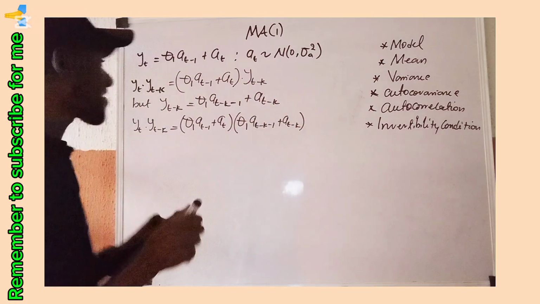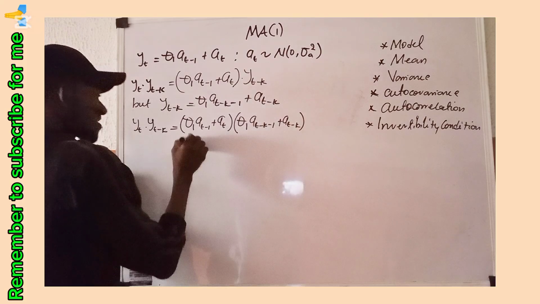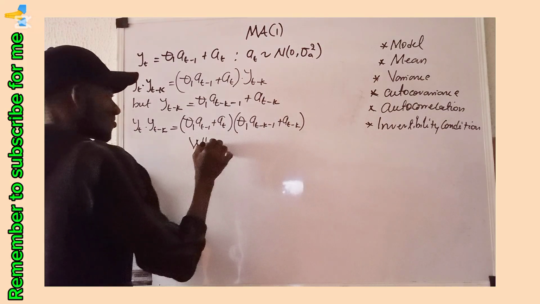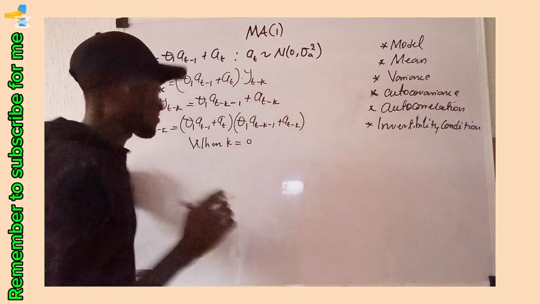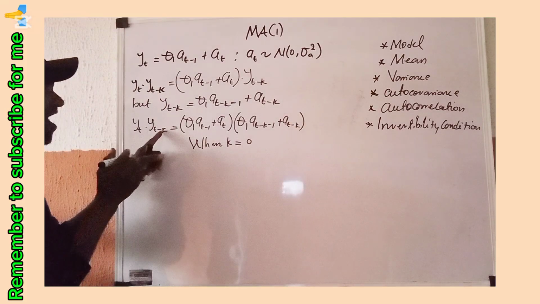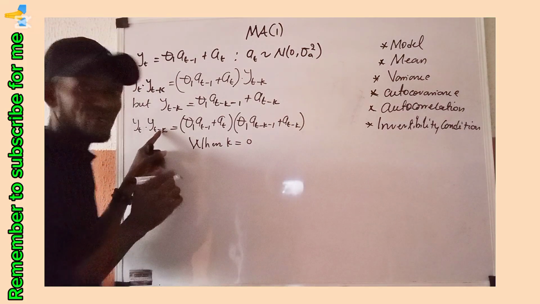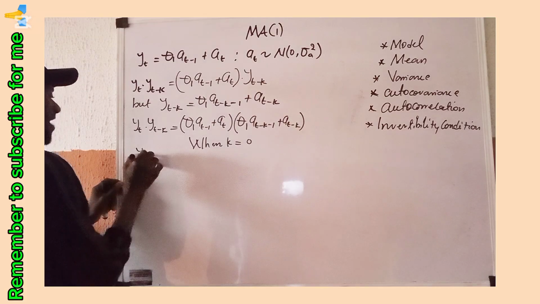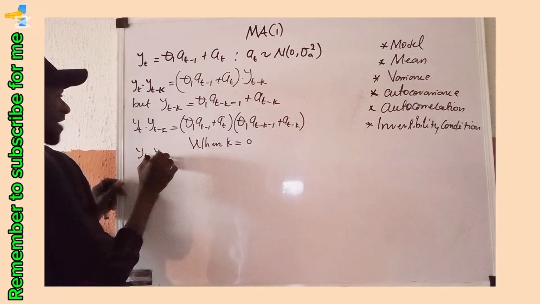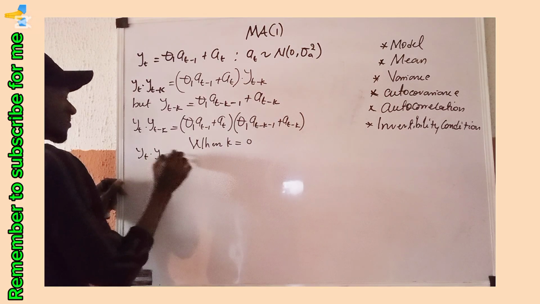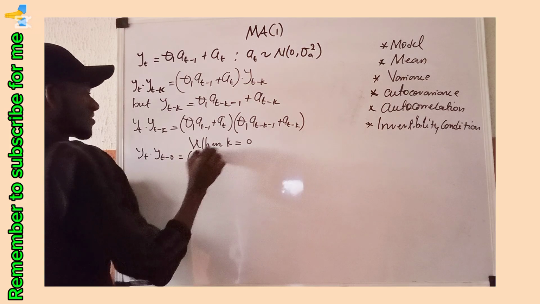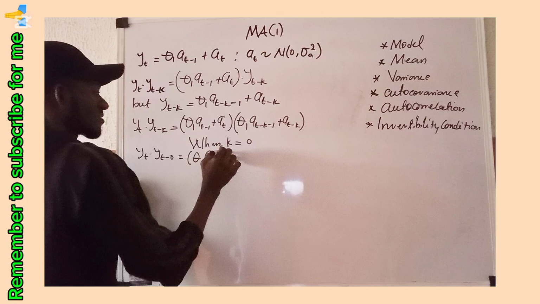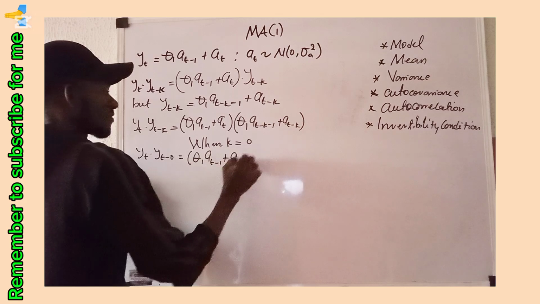So when k is equal to 0, anywhere I see k, I am going to put 0 there. And I have y of t multiplied by y of t minus 0 equals, open a bracket, theta 1 a of t minus 1 plus a of t.